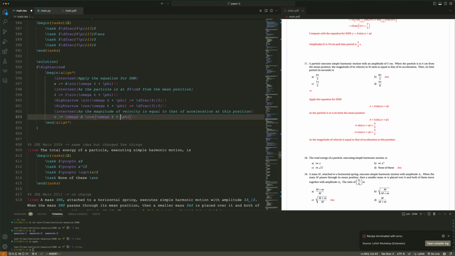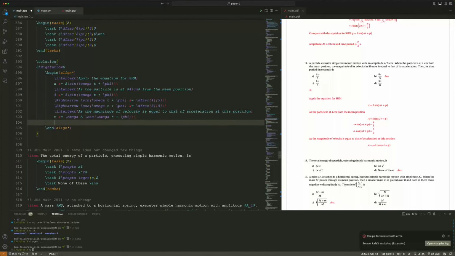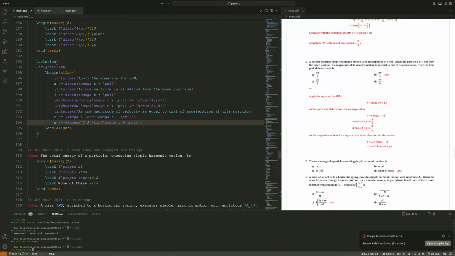Velocity is equal to omega a cos omega t. Let's run it first. Yes, omega a, then acceleration is equal to minus omega square x. So yeah, we can find, well, this is right, plus minus.